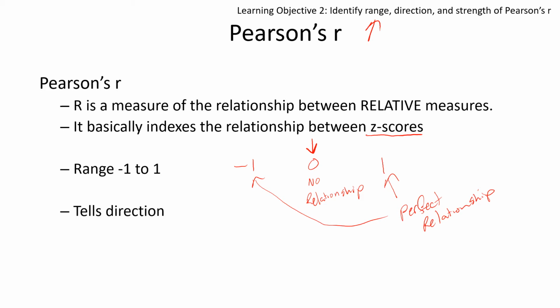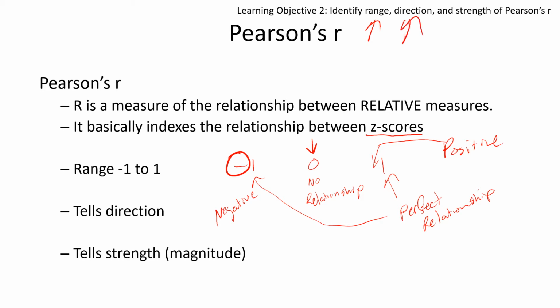The next is direction. You can look at the value. If the value is negative, it's a negative relationship or a negative direction. If the number is not negative, so it's positive here, then it is a positive relationship. So that is the direction. And finally, we've got the strength. This is the magnitude.